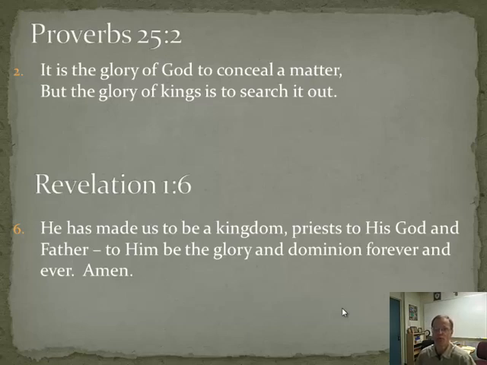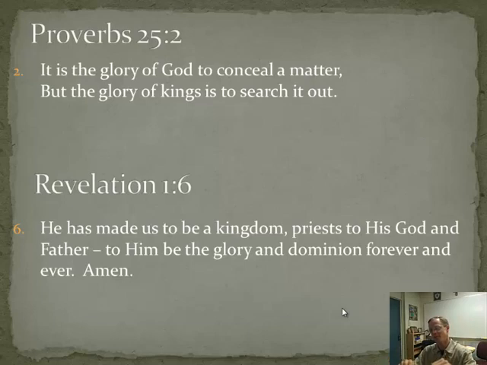And you, brothers and sisters, are a kingdom of priests in the Lord's kingdom, if you have put your faith in Jesus Christ and been regenerated by His Holy Spirit, covered in the blood of Jesus, forgiveness of your sins. Now, if that's the case, and I know it is with you, then it's our glory to search out what God has put into the world.